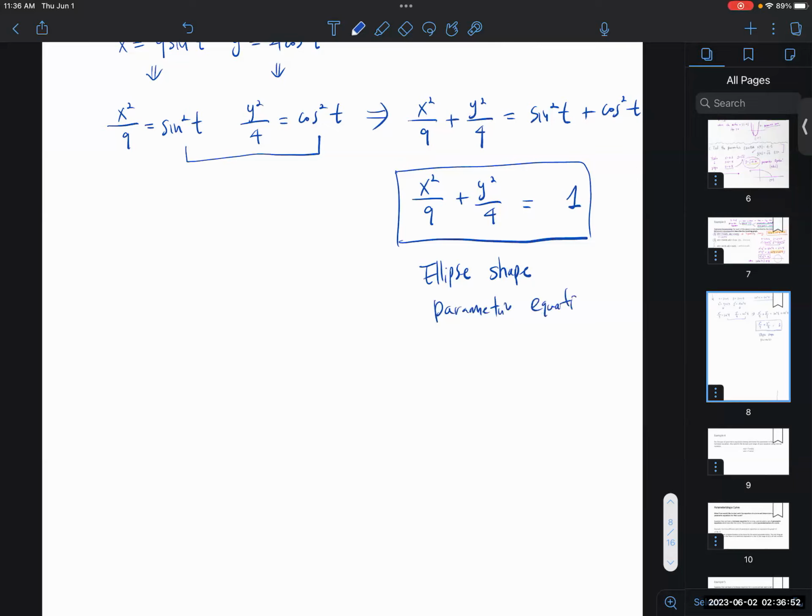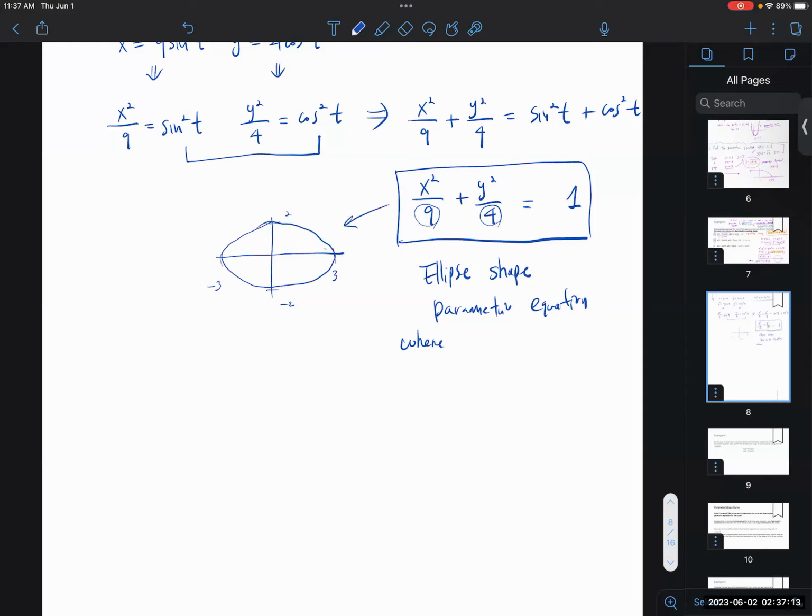The ellipse means that the longest radius is 3 horizontally, so from 3 to -3, and the shortest radius is from positive to negative. So an ellipse is not equal in length.